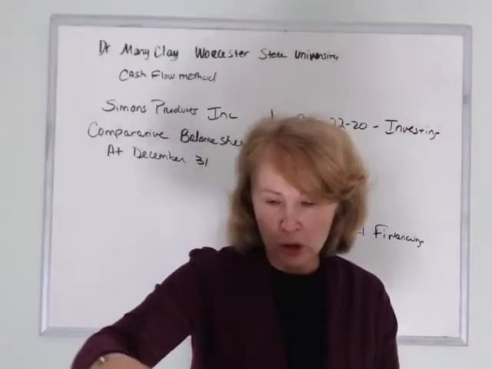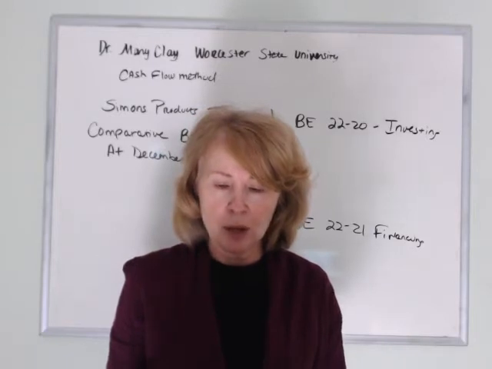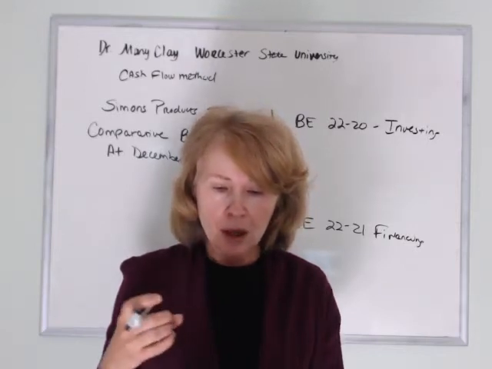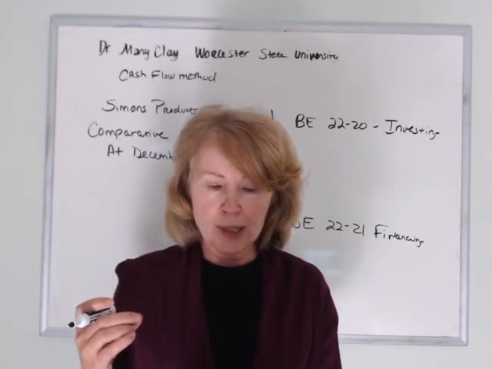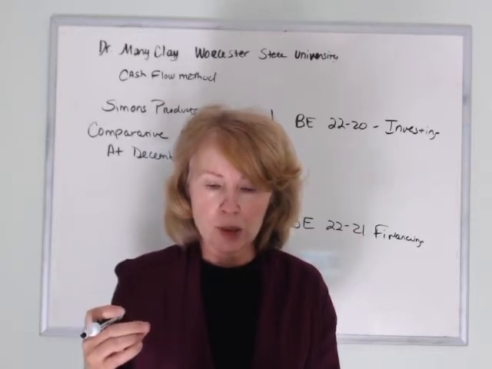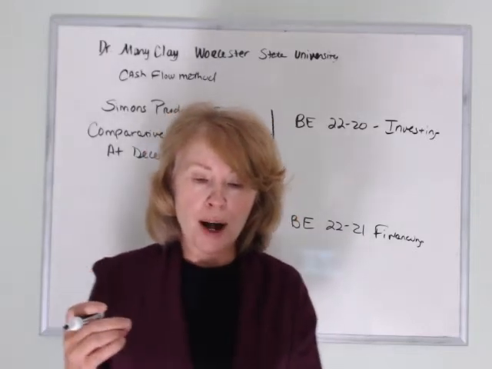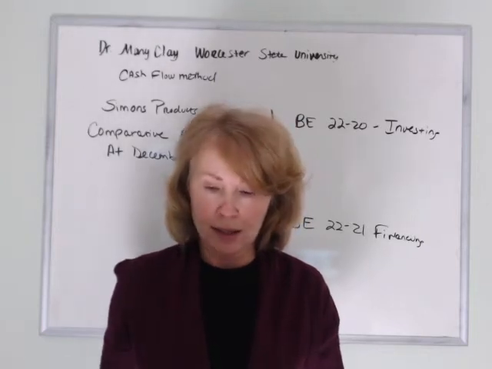So the first change that you see is accounts receivable. The prior year was 208, the current year is 247. For inventory, the prior year was 260, the current year is 312. For prepaid insurance, the prior year was 52, the current year was 26.